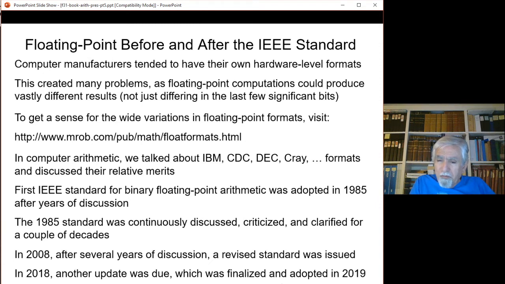Not just varying in the last few bits, but sometimes completely different results because of the way errors accumulate in floating point computations. Again, we'll talk about errors later. Now there's this website, this URL, that has a very interesting table where, if you're curious to see, all the different floating point formats that have ever existed are listed.